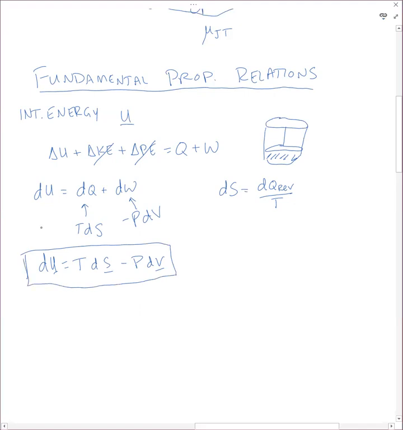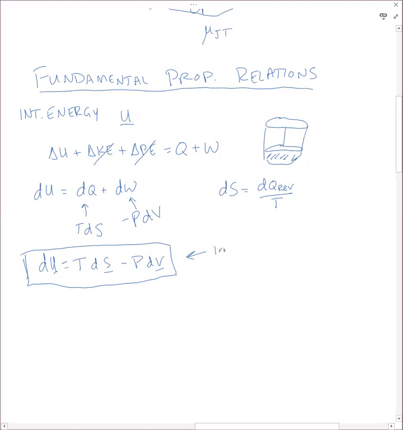You might have seen this definition in your Thermo 1 class. Importantly, I derived it for a very specific system of a closed piston cylinder. But if you look at this equation, it only has 5 intensive state properties: molar internal energy, temperature, molar entropy, pressure, and molar volume.